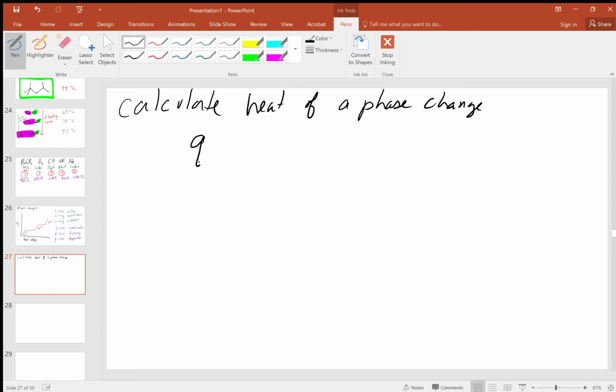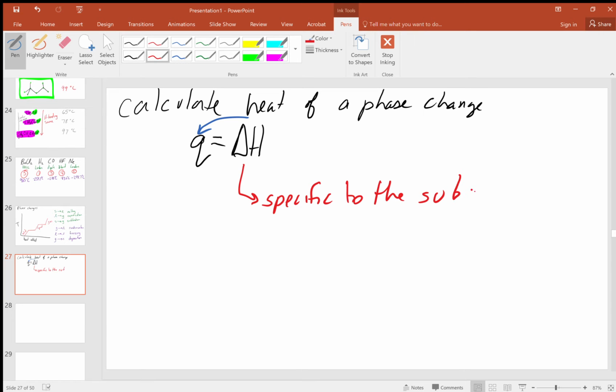So we define that heat as Q. And that Q is equal to the delta H. This delta H value is specific to the substance and the type of phase change.